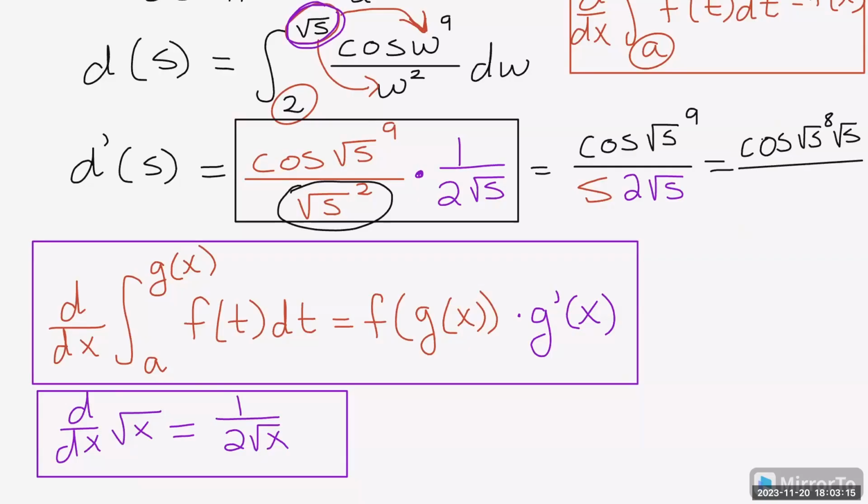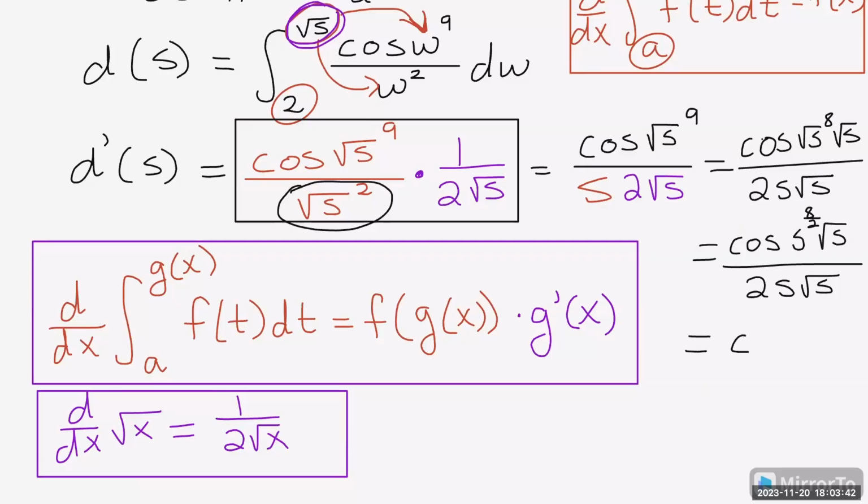And then down below we have 2s root s. The square root of s to the 8th is the same thing as s to the 4th power, because the square root of s to the 8th is s to the 8/2. And then we have root s, so this down here is just staying the same.